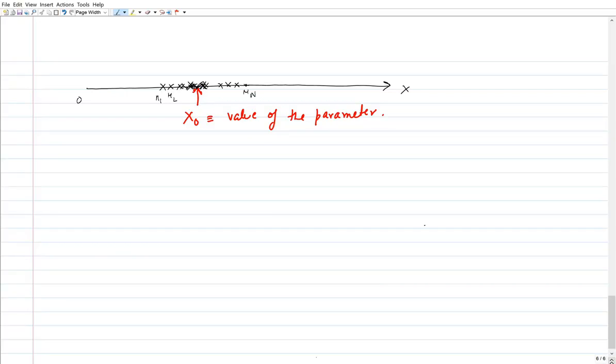I get various values of the measurement record, and for the sake of simplicity, let's say roughly it turns out to be a Gaussian. So my estimate is a random Gaussian variable, and this is the histogram of the measurements.